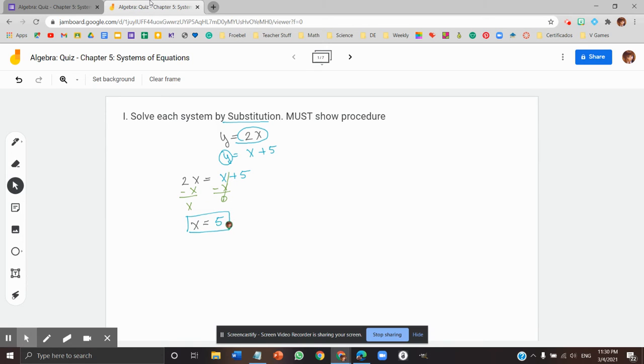So x equals 5. Now the question here is, did I finish? No, I did not. I already found x, but I haven't found what y is. So I'm just going to take any equation from the original ones. For example, I can take y equals 2x, and then I'm going to substitute what I got for x right here.